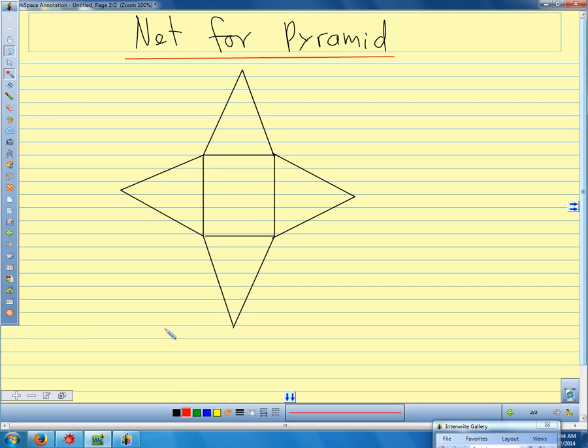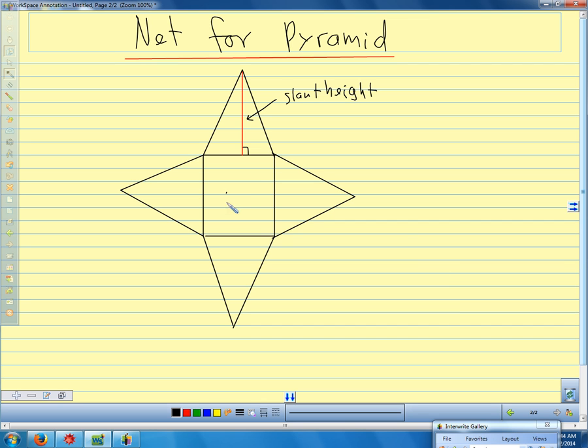If we draw in our slant height on our net, our slant height is the height of this triangle. So there's our slant height.